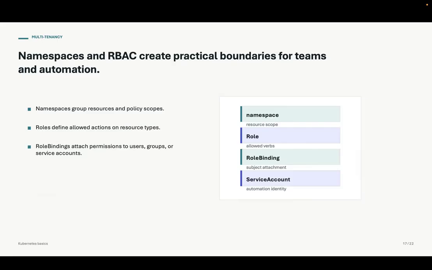This includes the concept of role and role binding. You define the role, which says what type of actions are allowed on what resources. For example, a role can allow reading pods or managing deployments, and the role binding is the resource which attaches that role to a user or a group or a service account.